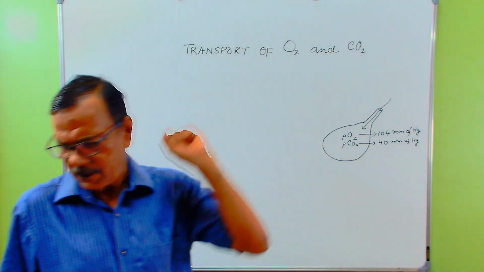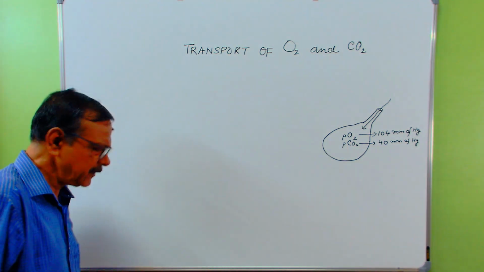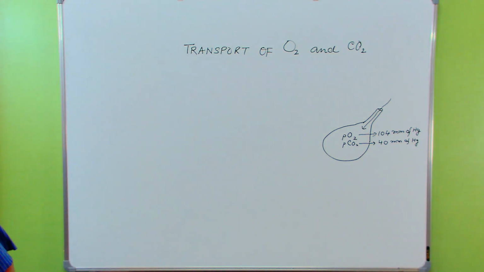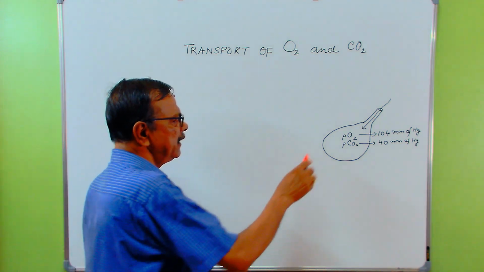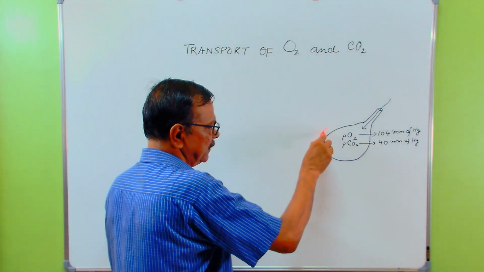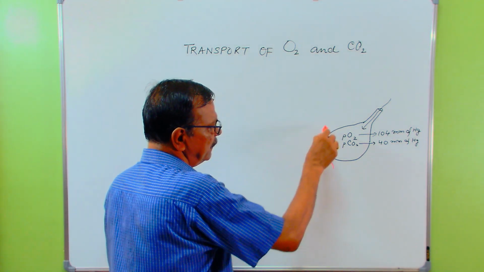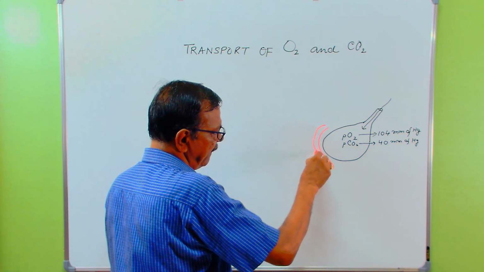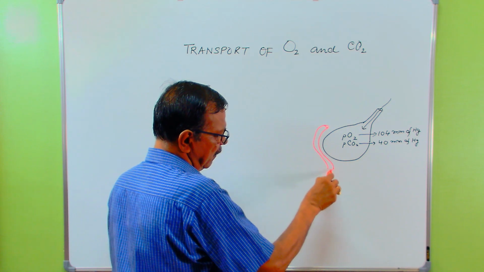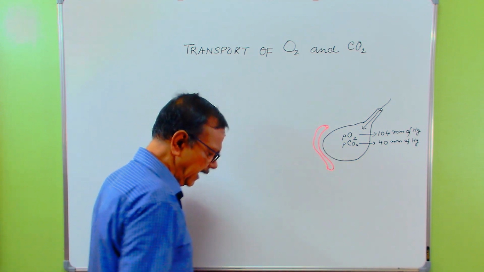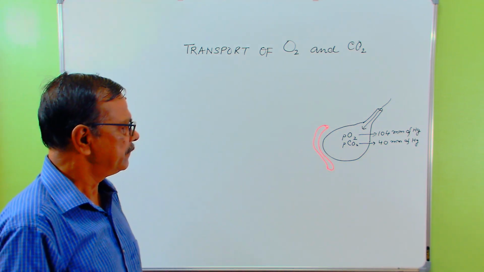This much we know, that in the alveolar air, this is the pressure of oxygen, this is the partial pressure of carbon dioxide. Now, over the alveoli, we also know that there is capillaries. So, there are capillaries over this alveolar membrane.